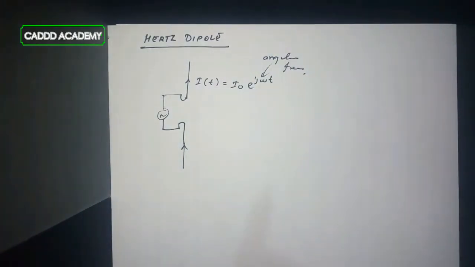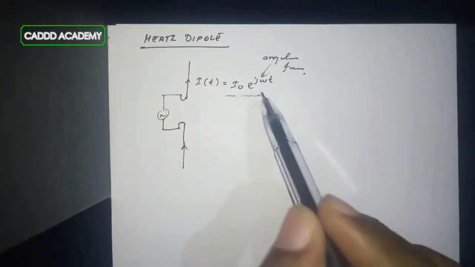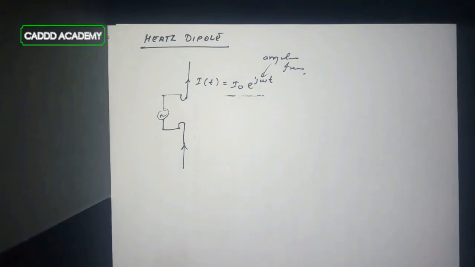In an antenna we apply a current of very high frequency. This high frequency current is what will radiate the electric field and the magnetic field in the surrounding region.